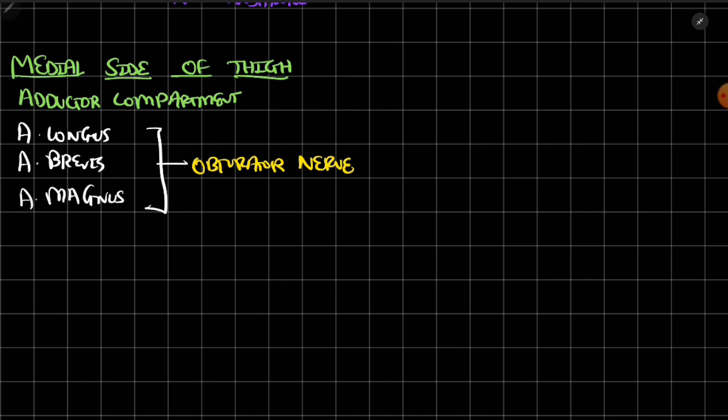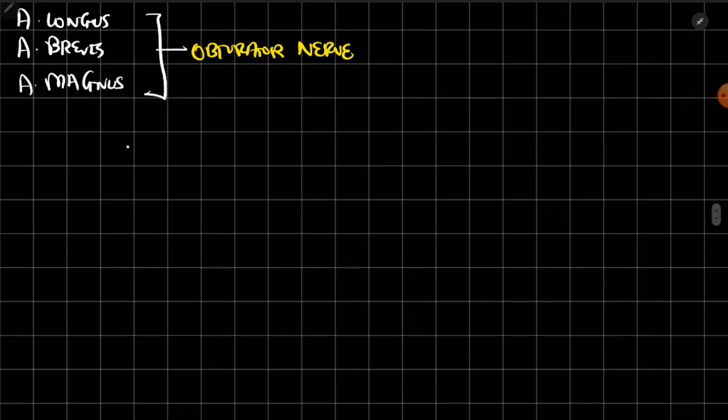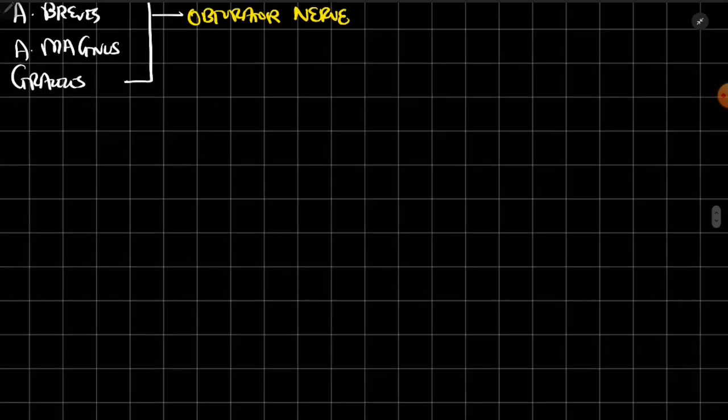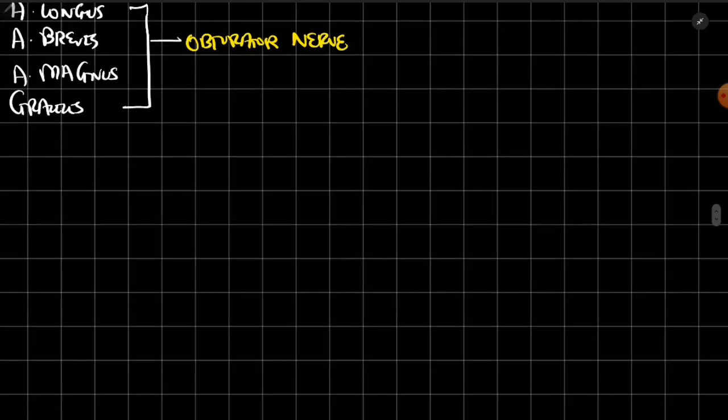Now one diagram is much more important in this. In this medial compartment, gracilis is also present, I forgot about that, and obturator externus, obturator internus, and basically pectineus.